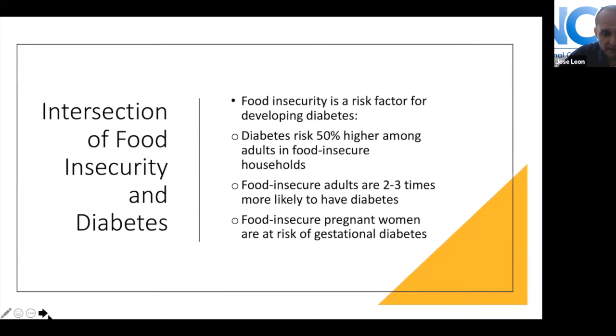But at the same time, it is very important to see that, specifically the last bullet point I would have here, patients who are pregnant and have some kind of food insecurity are more likely to develop gestational diabetes, which means that in the long run, a patient with gestational diabetes can also develop type 2 diabetes. Next slide.